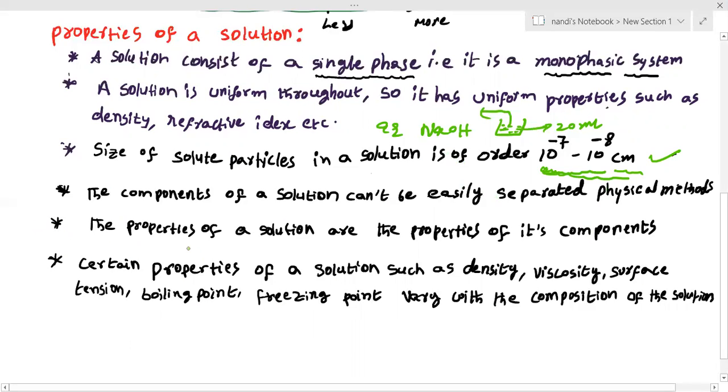And the properties of a solution depend upon its components.